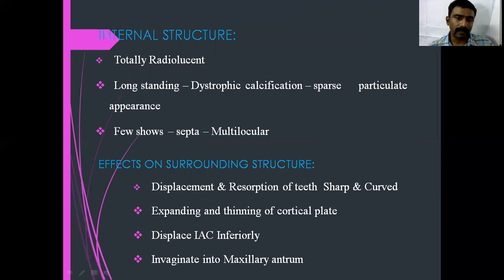Dentigerous cyst is one specific cyst which causes excessive resorption of root. They also cause expansion and thinning of cortical plates, especially dentigerous cyst and radicular cyst. Whereas odontogenic keratocyst does not show much expansion. It has a tendency to travel through the medullary space of bone, and they displace the inferior alveolar canal inferiorly.